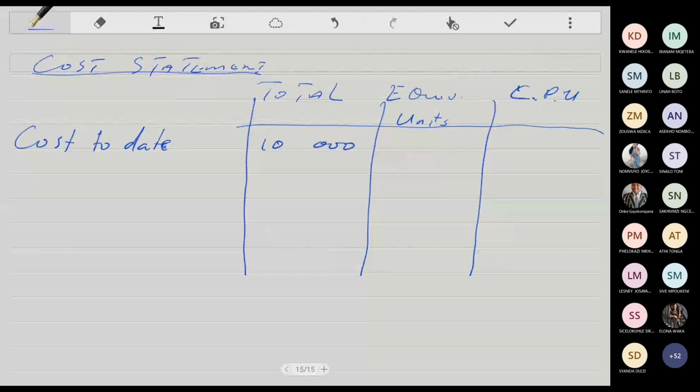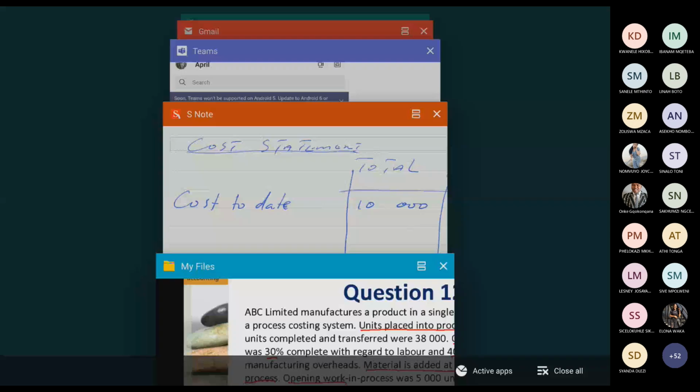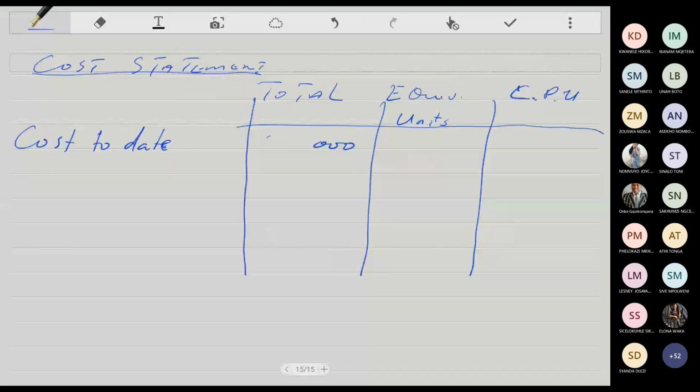The cost of opening inventory was 20,000 in total. I've made a mistake, I thought it's 10,000. So it's that 20,000. So we just put in that 20,000 as it is, and you are not going to calculate the cost per unit for that, because we don't have the quantity schedule of the previous period.